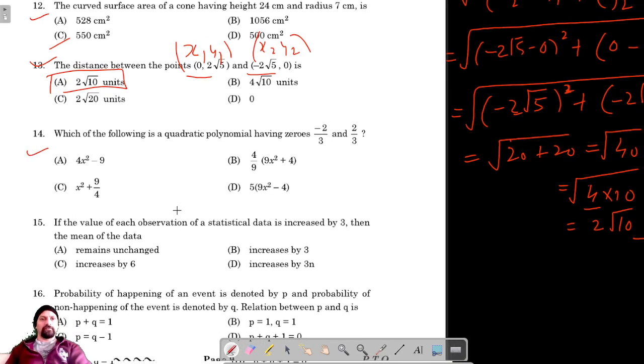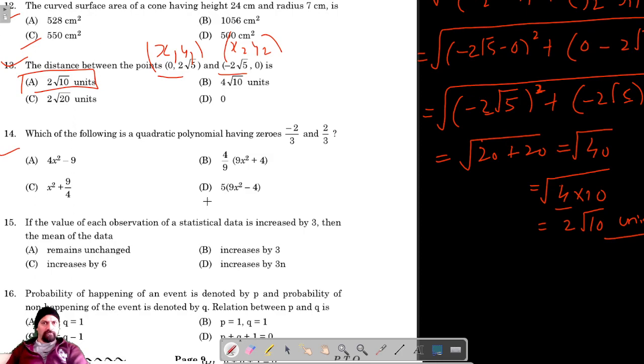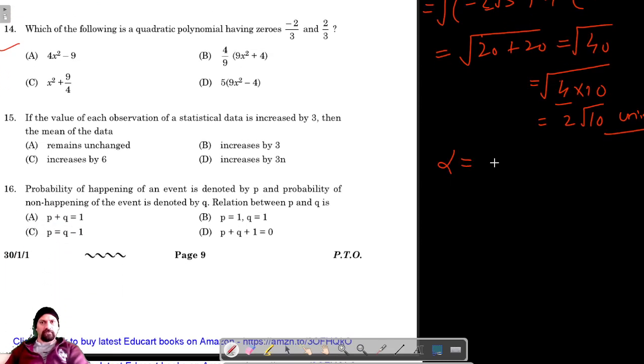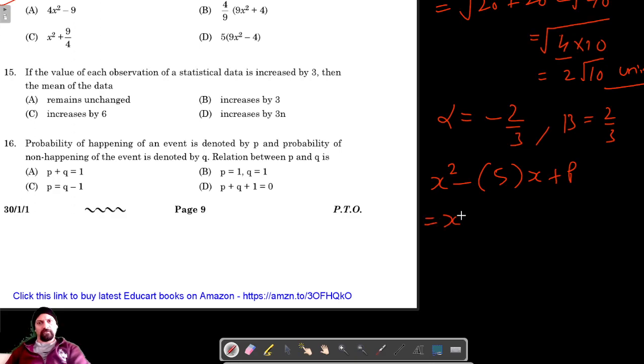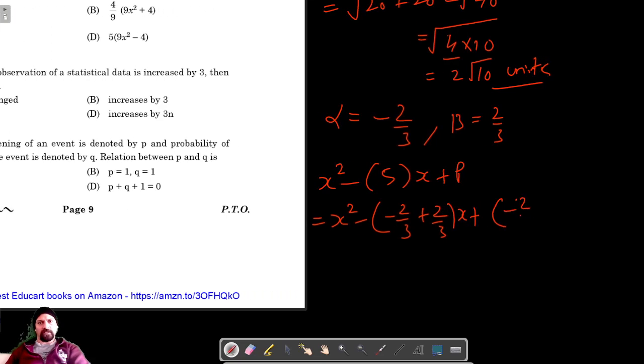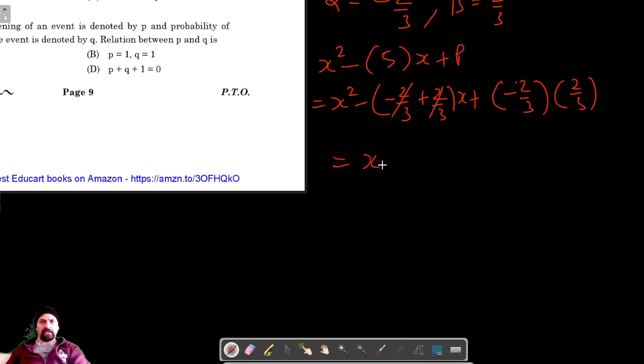For the 14th, we have to find the quadratic polynomial which has the given zeros. Let's say alpha is equal to minus 2 by 3 and beta is equal to 2 by 3. The quadratic polynomial is given by x square minus sum of zeros into x plus product. The sum of zeros is minus 2 by 3 plus 2 by 3, which is 0, and the product of zeros is minus 2 by 3 into 2 by 3, which is minus 4 by 9.